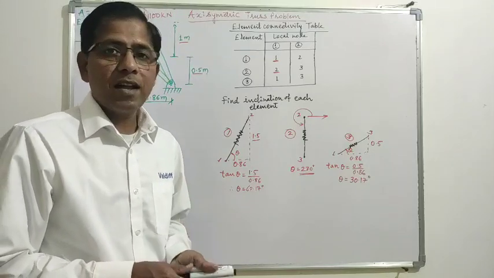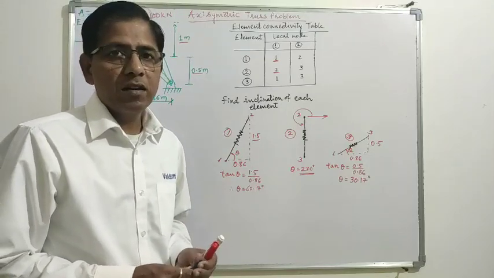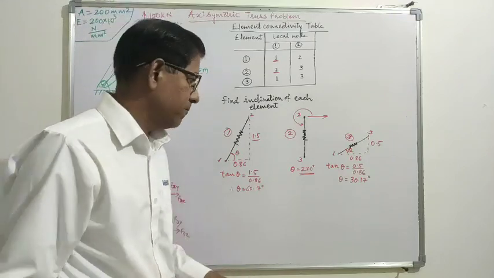Now the next task is to make a direction cosine table.